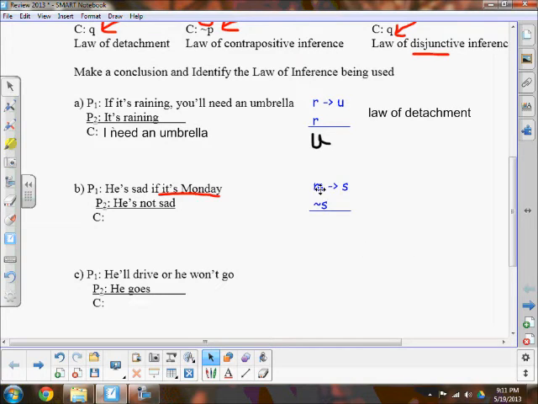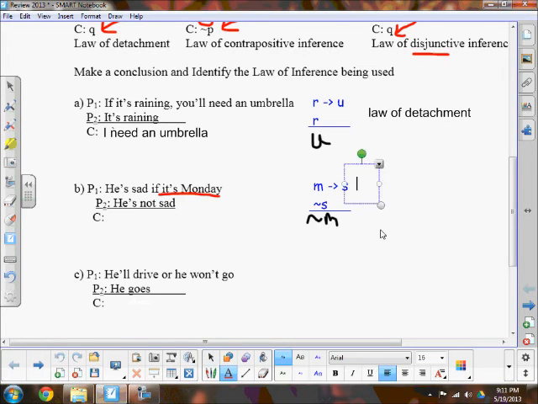Okay. Moving on to the second example. He said, if it's Monday, notice that the hypothesis here, which follows the if, is it's Monday. So if I'm going to convert this to symbols, we're hiding here, if it's Monday, he said. That's a statement which is equivalent to he said if it's Monday.